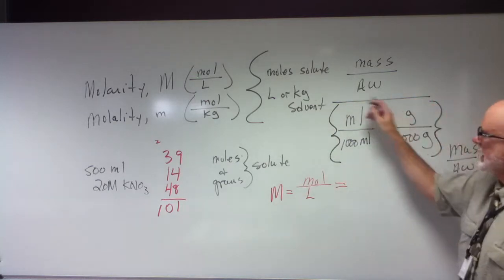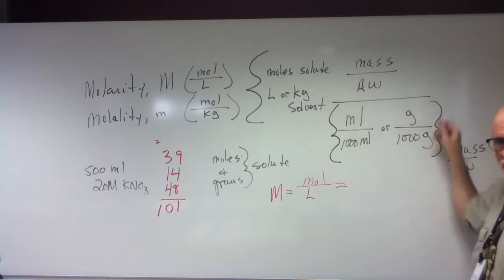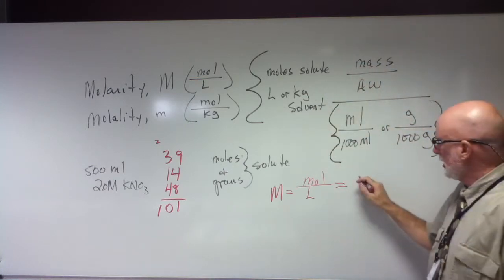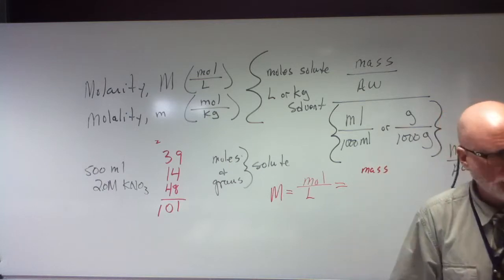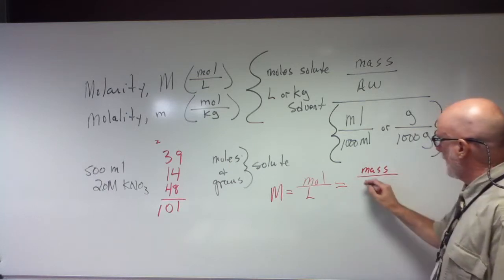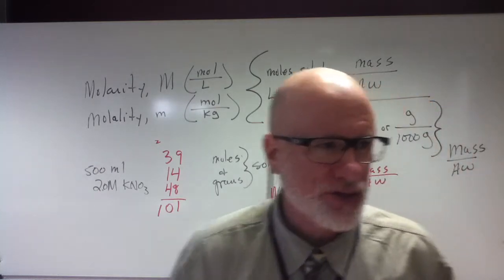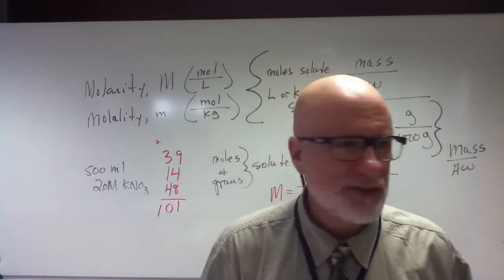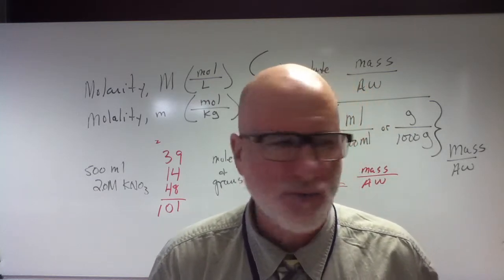So if you're going to do moles, how do you plug into this? You see that this is going to be the extended equation up here. In other words, it's going to be the mass of the solute divided by the atomic weight of the solute. I know chemistry teachers all over the world may be looking at this video and I say that moles is the mass over the atomic weight.